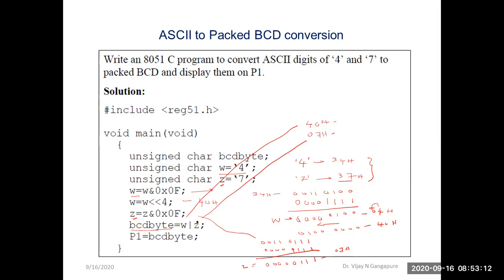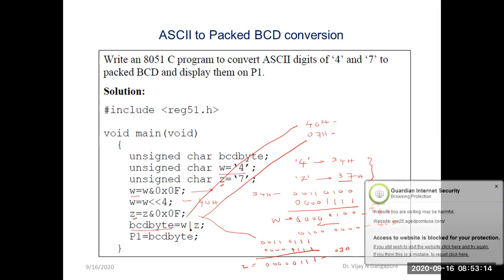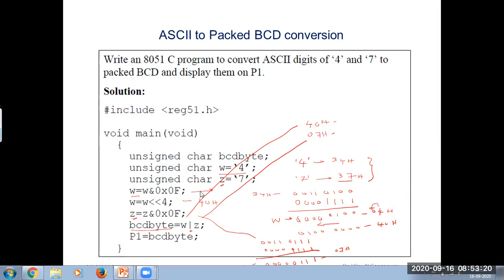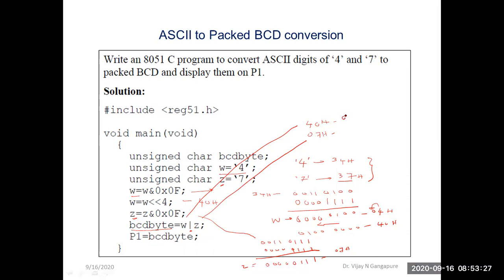Okay, now there is an ORing operation, a bitwise OR operation between W and Z. So W, that is 40, means 0100 0000. And 7 means 0000 0111. So between these two bytes, there will be a bitwise OR operation.